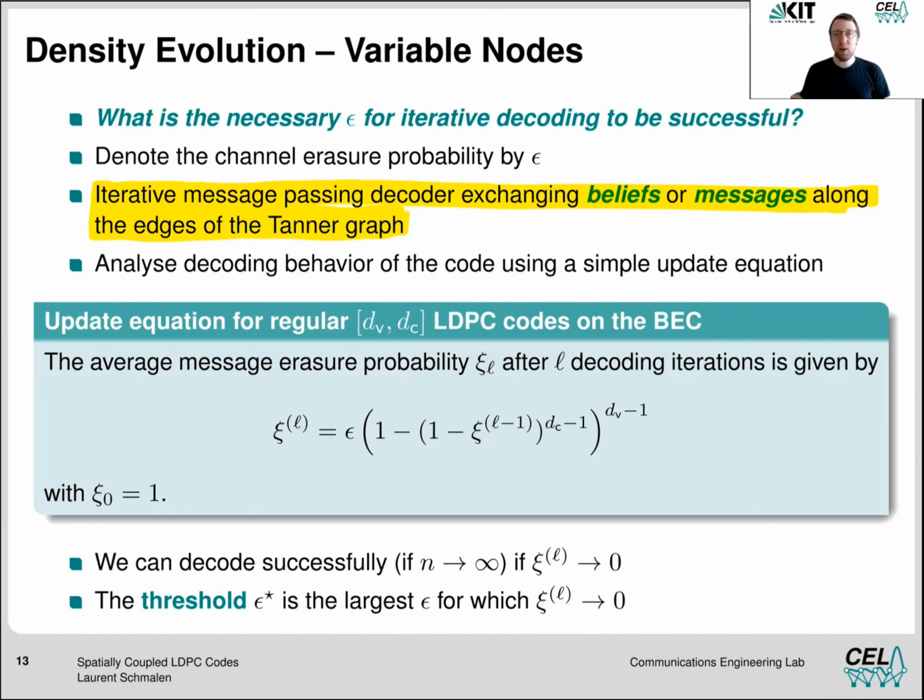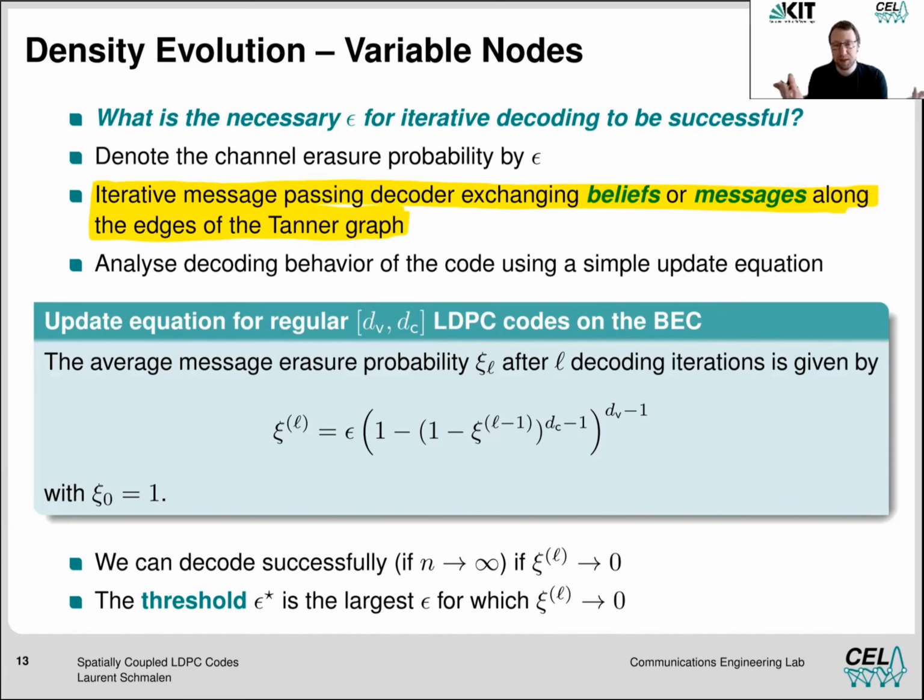And conceptually, it's very simple. Essentially, you look at the different edges in the graph, and they tell you how probable it is that a certain message has been erased or not. And we'll not look at the decoder as such, but at the analysis of the decoder. And you can actually analyze asymptotically the performance of the decoder.